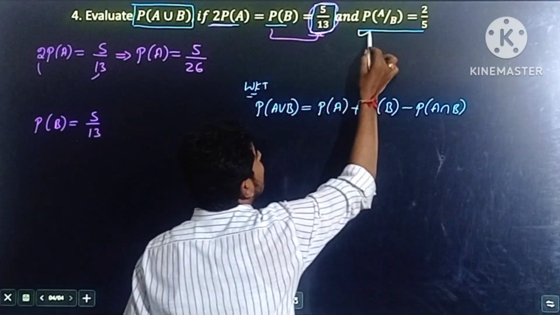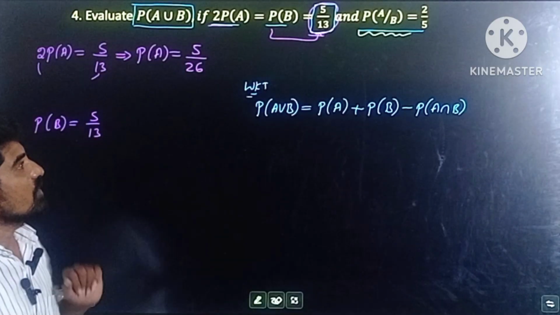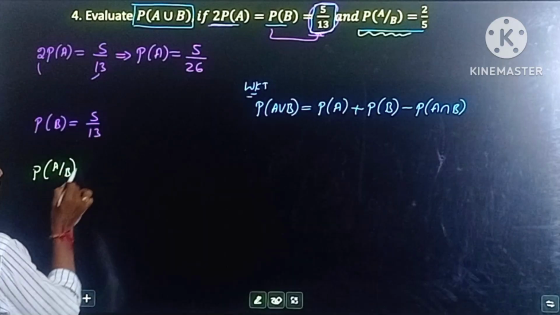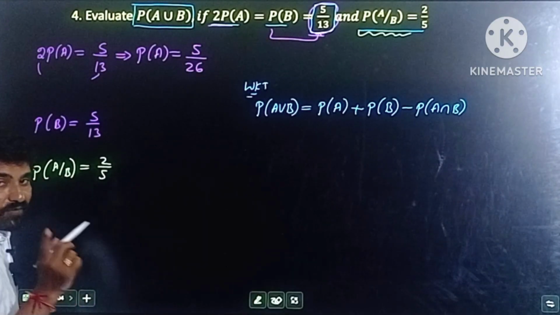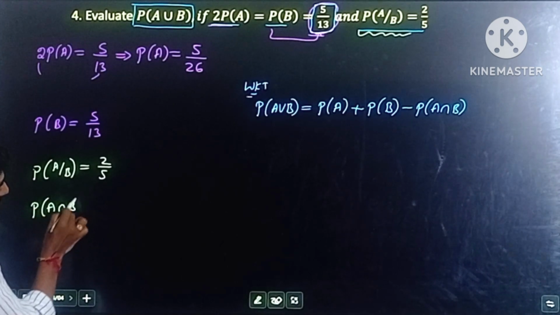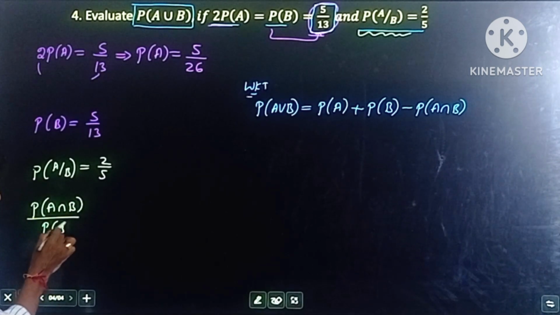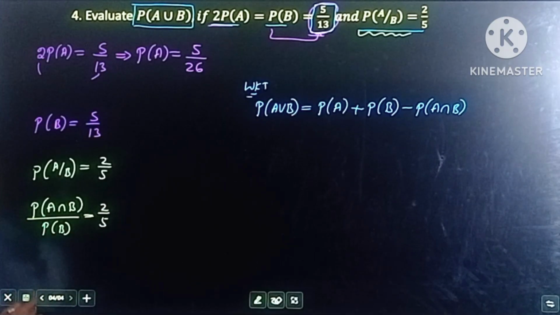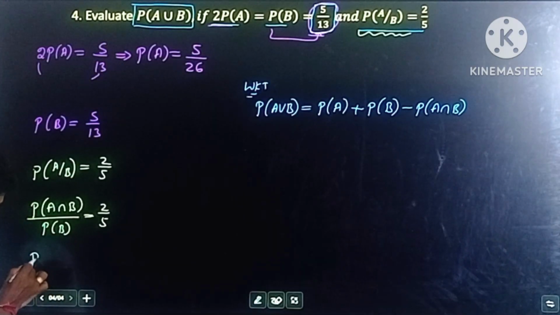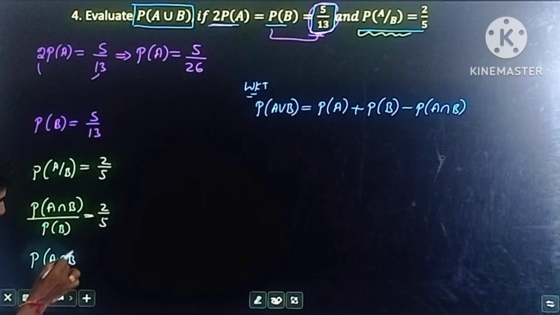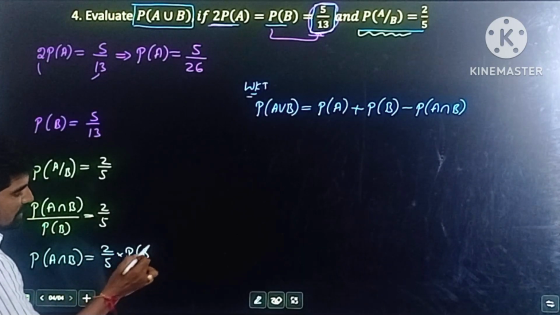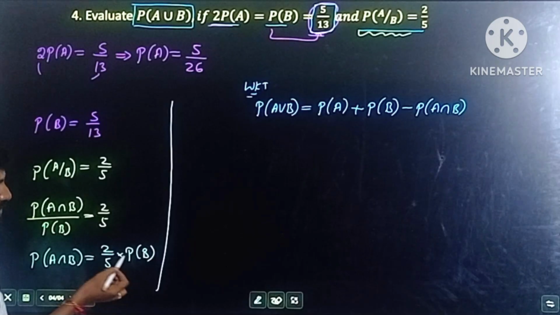And for that he has given one more information here. That is, probability of A by B is equal to 2 by 5. And we know the formula for probability of A by B. That is, probability of A intersection B divided by probability of B, which is equal to 2 by 5. By cross multiplication, probability of A intersection B is equal to 2 by 5 into probability of B. Substitute the value of probability of B here.